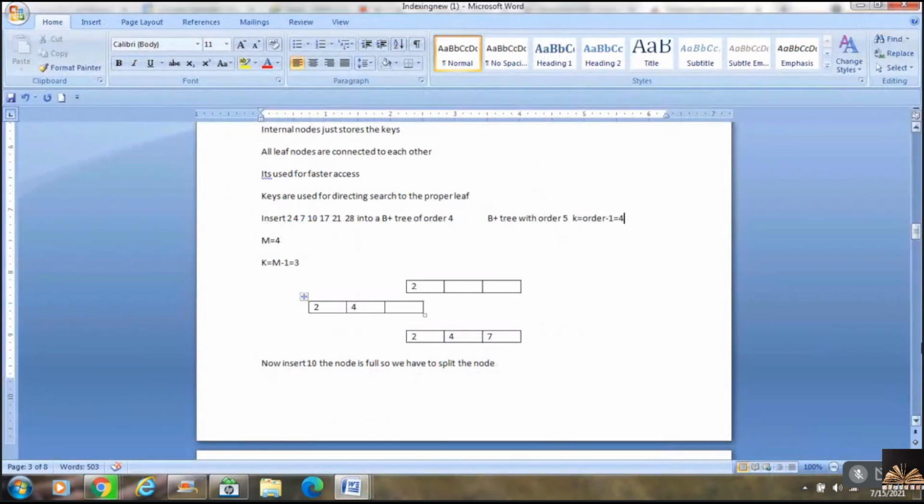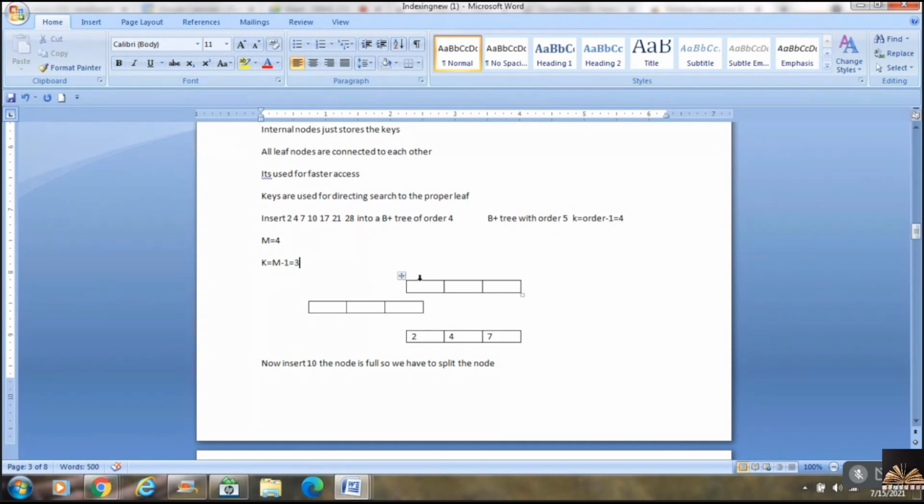Now see, what I'm trying to do is take an empty node at the beginning. So I'll remove this 2 and 4. My node is empty. At the first position, I'm going to insert the value 2. Since the tree is empty, I need not check anything.